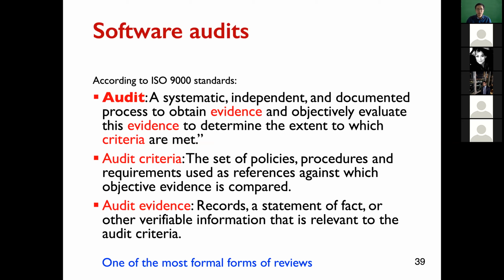And if the evidence doesn't meet the criteria, we say the audit result is a failure, so you need to improve your process or product. Okay, so that is the definition of audit. We can consider it as the most formal form of reviews.